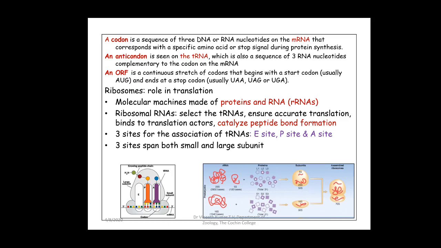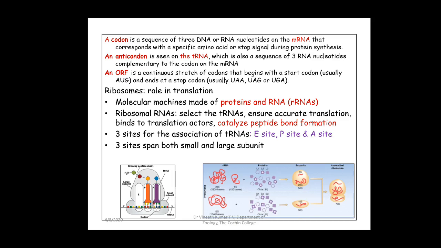It is a sequence of three nucleotides, RNA nucleotides on the mRNA, corresponding to a particular amino acid, or a stop codon or a start codon. This is the signal during protein synthesis. So a codon is the language that is read by the ribosome. The ribosome can read only codons, that is, the three-letter words.